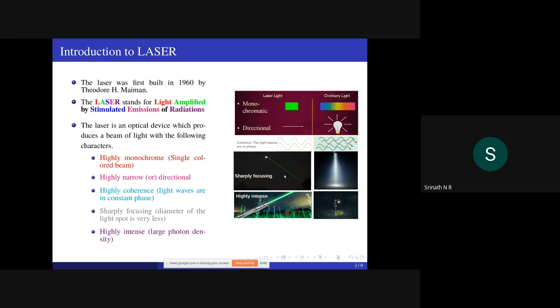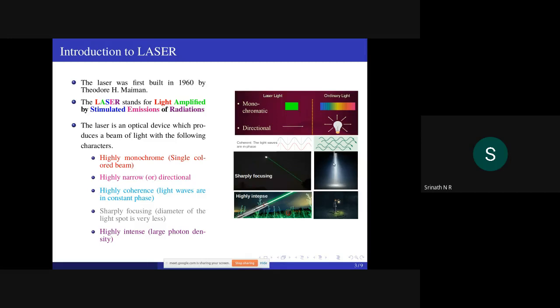And fourth one is sharply focusing. That means you can see the diameter of the laser spot is very narrow, whereas the diameter of the ordinary light spot is very large. That means there is an angular divergence, whereas in the laser source there is no angular divergence.